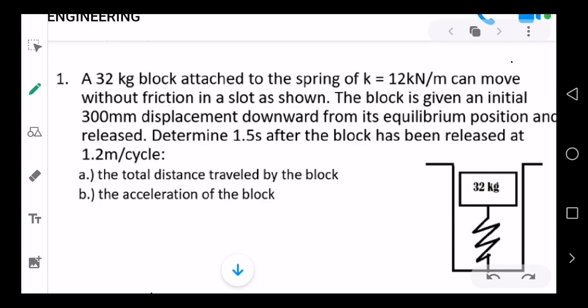Determine at 1.5 seconds after the block has been released, at a rate of 1.2 meters per cycle, letter A, the total distance traveled by the block, and letter B, the acceleration of the block.